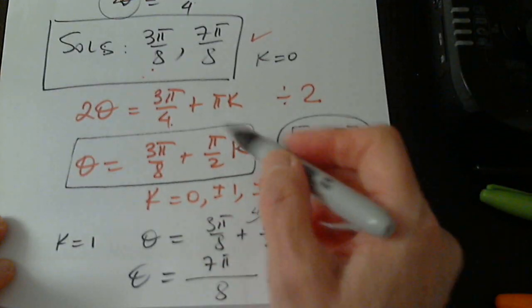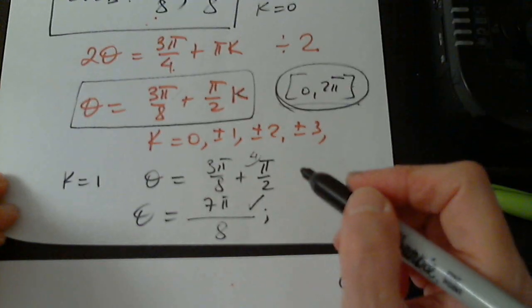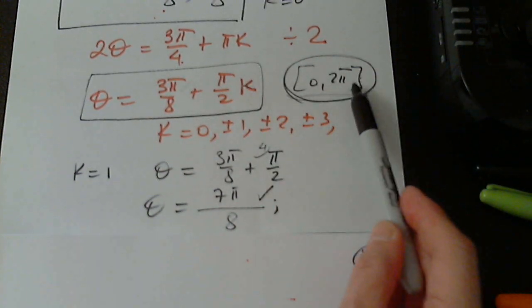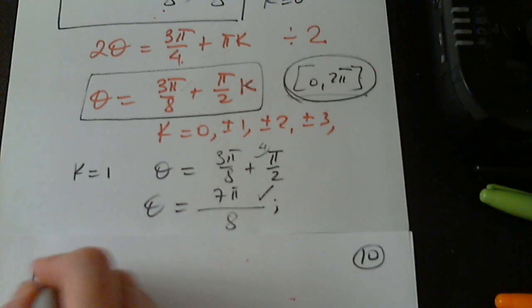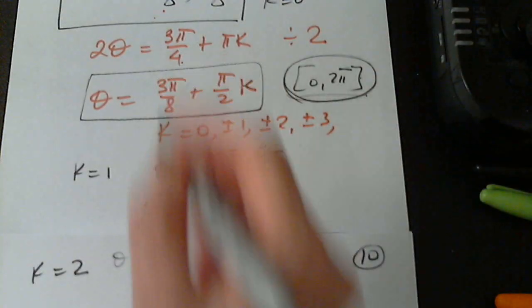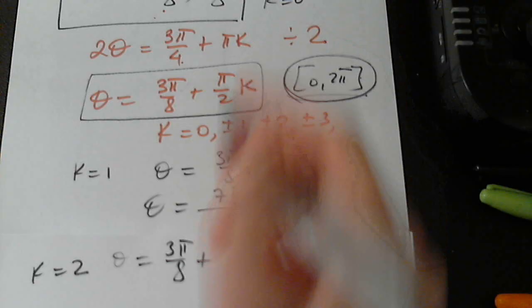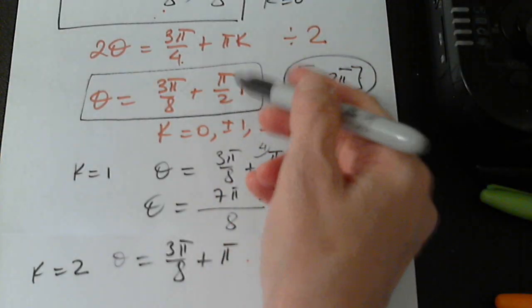So with k equals 0, we found one. With k equals 1, we found another. Let's see what happens with k equals 2. We have to continue until we go over 2 pi, and then we have to stop. So with k equals 2, theta equals 3 pi over 8 plus pi, since pi over 2 times 2 is pi.